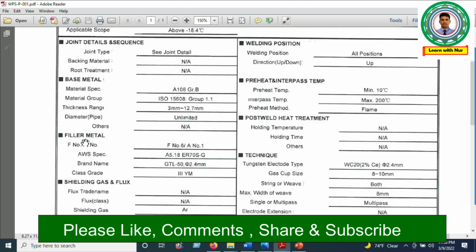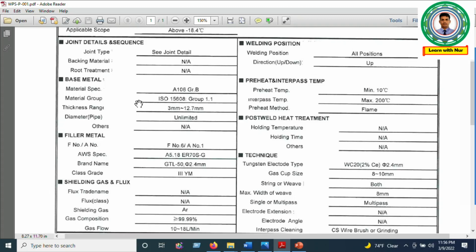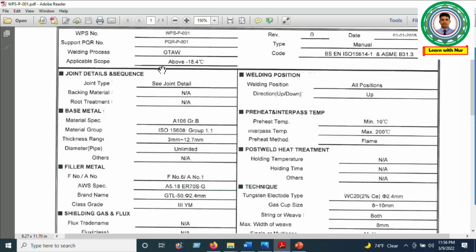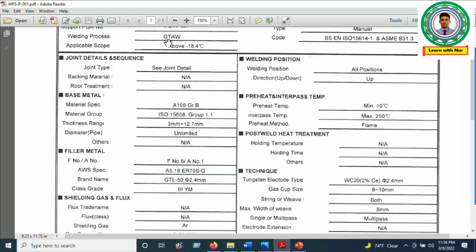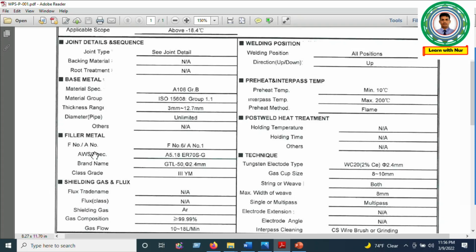Okay, then filler metal. What type of filler metal are we going to use for this WPS? Since this is the GTAW process, we have to use filler wire. For filler metal, the F number is 6, the A number is 1, and the AWS specification is AWS A5.18 ER70S-G. This is the AWS specification for the filler wire.